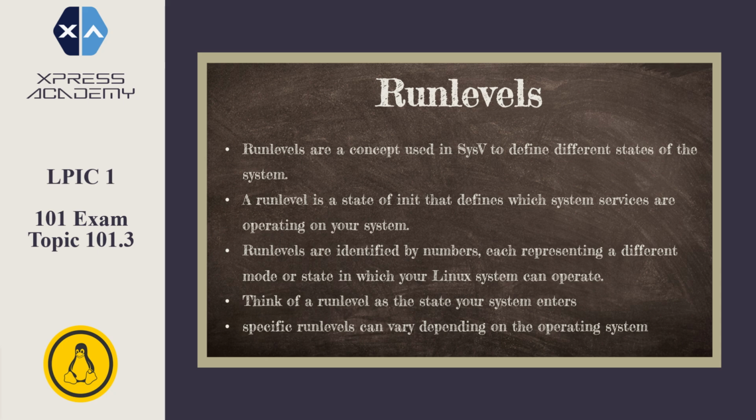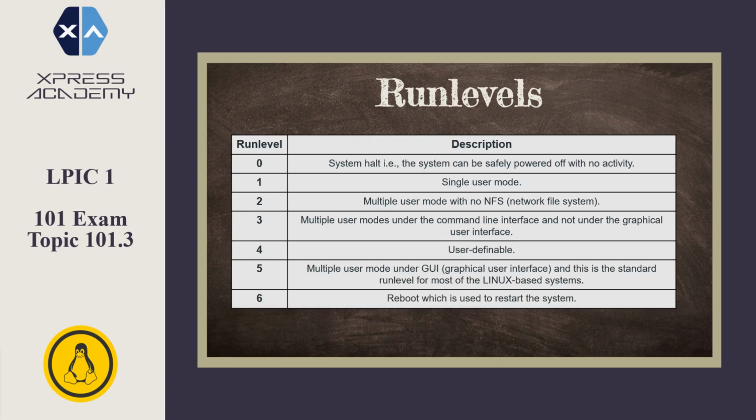Each run level represents a different system configuration and allows access to a different combination of processes. It's important to note that the specific run levels can vary depending on the operating system. The standard Unix kernel supports these 7 different run levels.